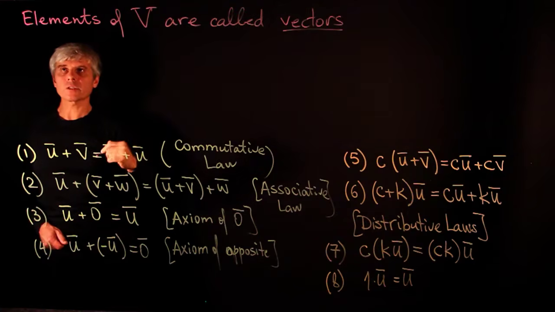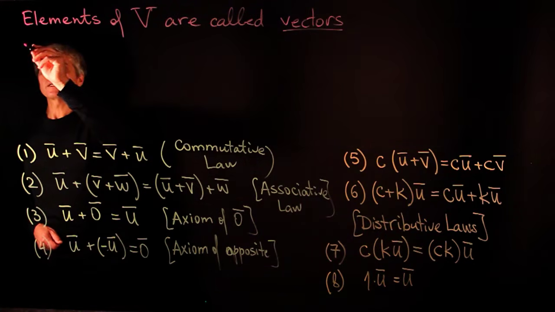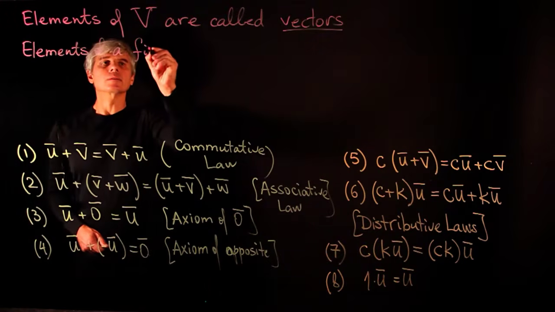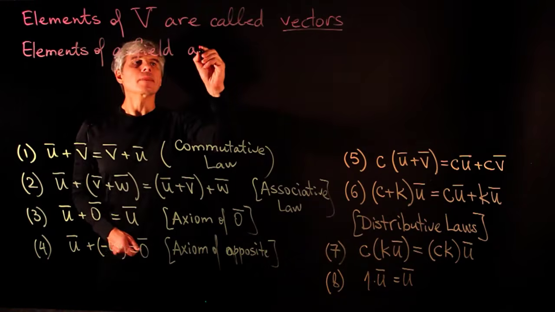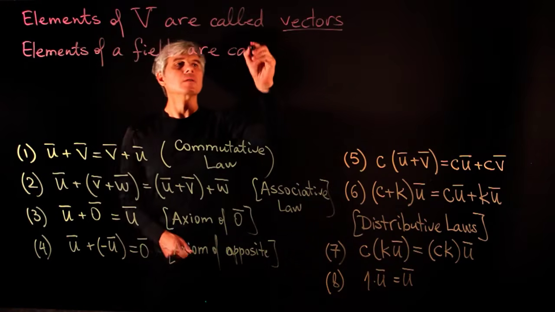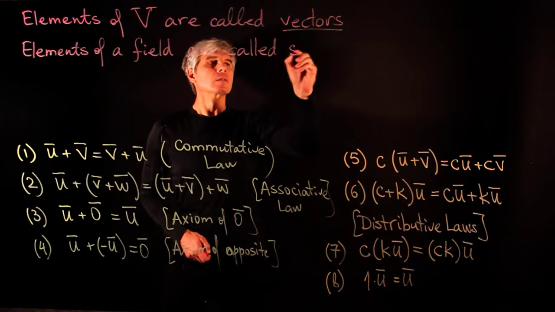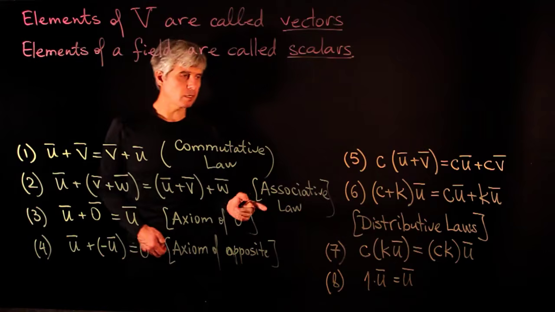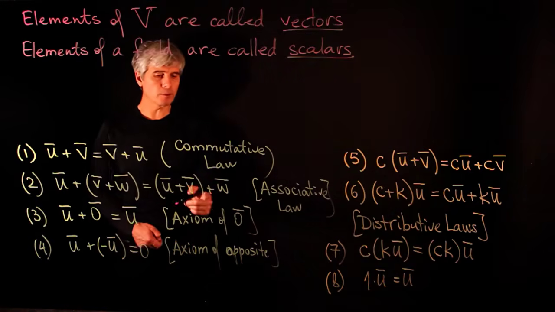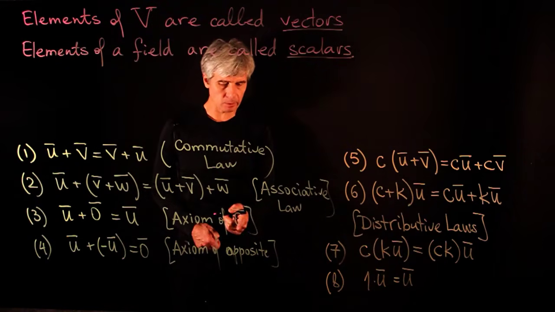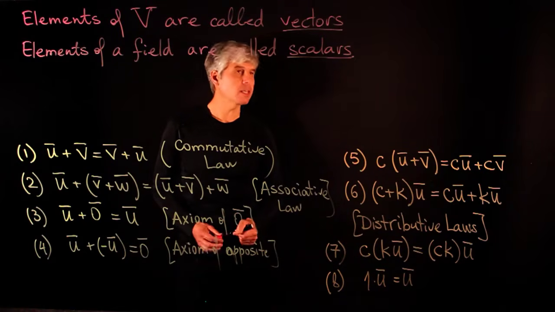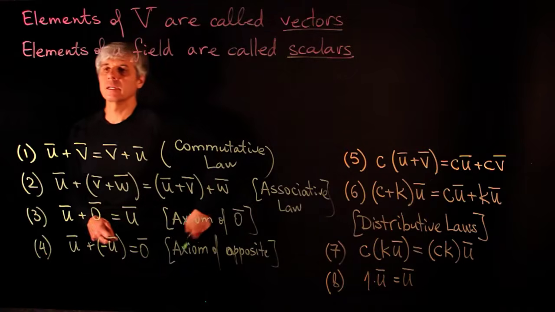And in the context of a vector space, elements of a field are called scalars. So here in these axioms, u, v, and w are vectors, and so 0 with a bar is also a vector, and c and k are scalars here.